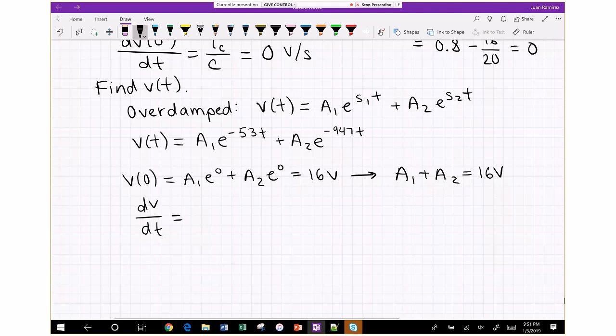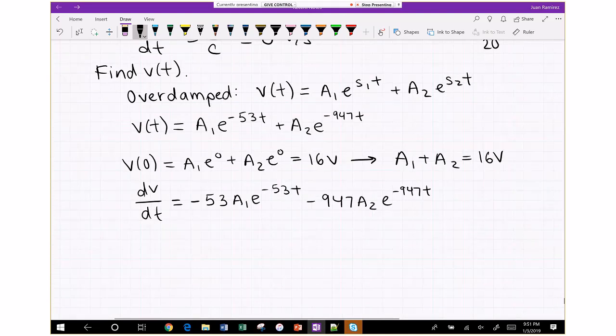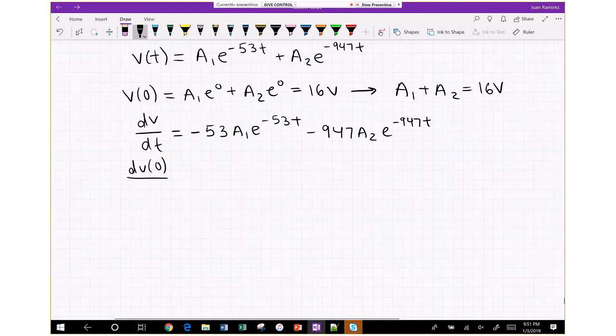No need to do product rule or anything crazy here. That's the derivative of the voltage. And now let's plug in our initial condition. So at time 0.